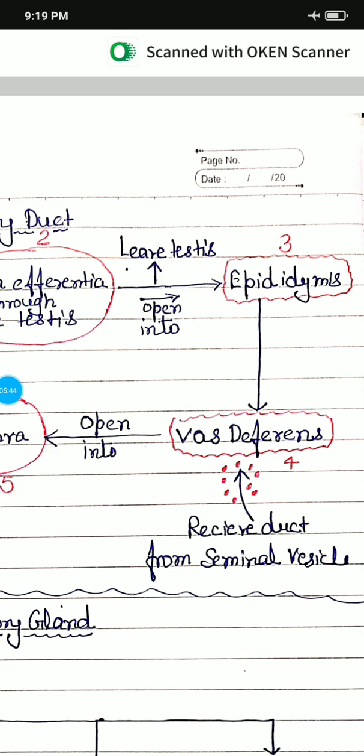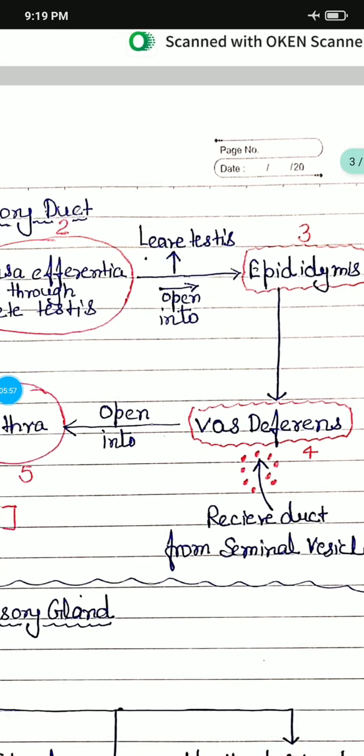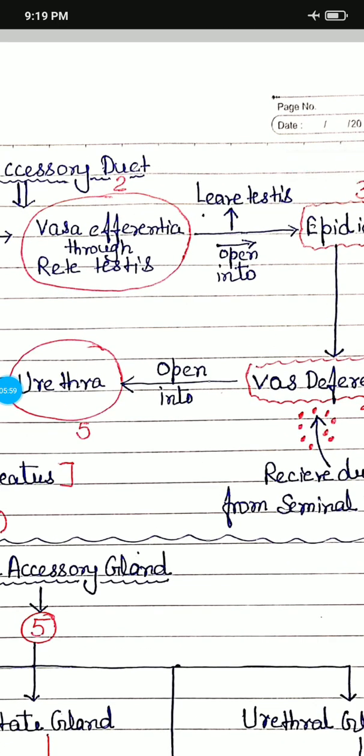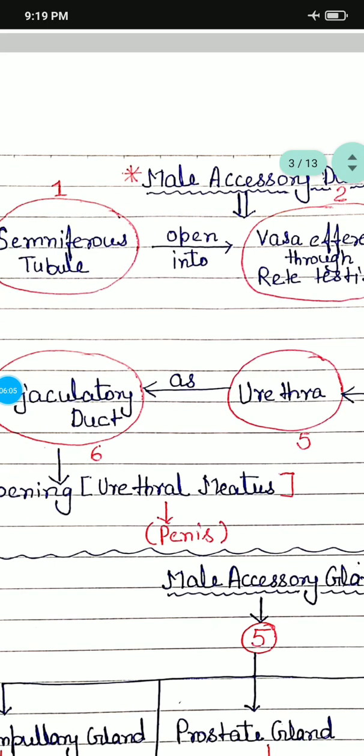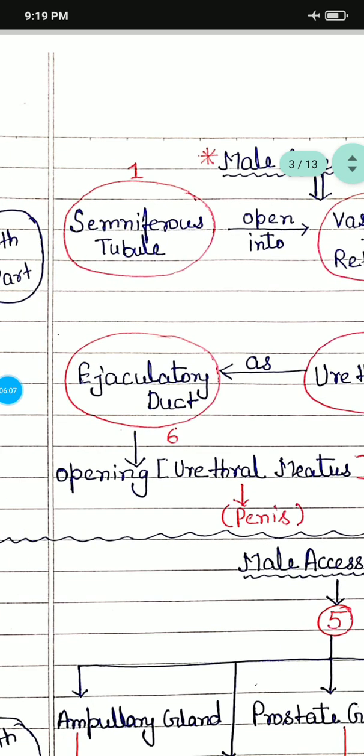Here in the vas deferens, the seminal vesicle transfers the seminal plasma, where it combines with the sperm and forms semen, and then it is transferred to the urethra. Then it goes to the ejaculatory duct, and then to the external genitalia, which we call the penis in the male.